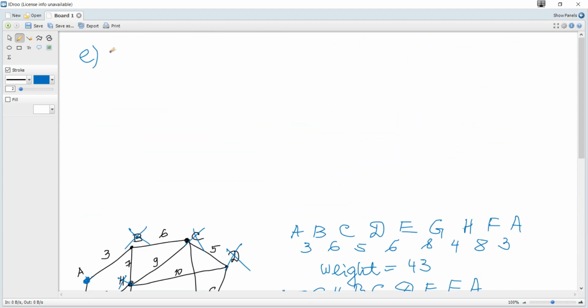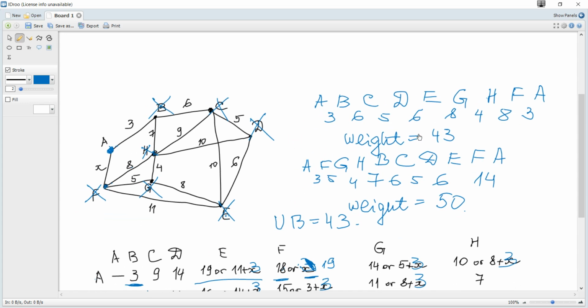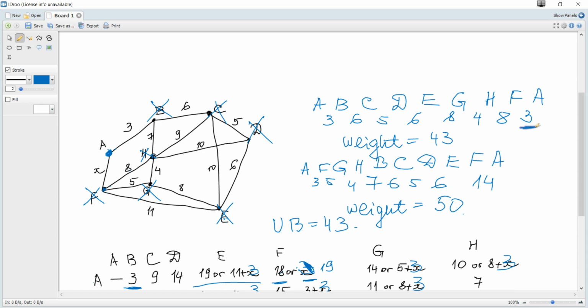E (ii). x is 19. Hence state the value of the upper bound for Daniel's travel time for the value of x found in part E(i). So for this x, which is 19, we need the value of the upper bound, and our best upper bound is this one. But here you can see that this direct route, which is 3, which is x, is used.